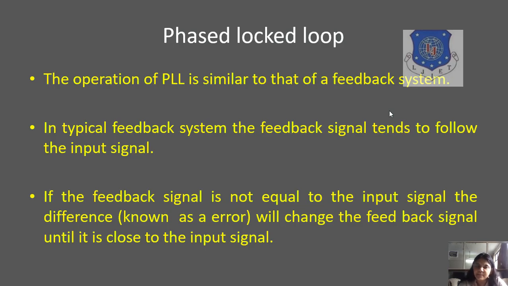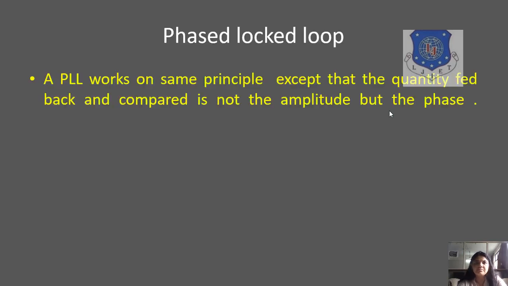But if the feedback signal and the input signal are not the same, some error signal will be generated, and always the feedback signal is trying to reach the input signal. That is actually the goal of this kind of system.